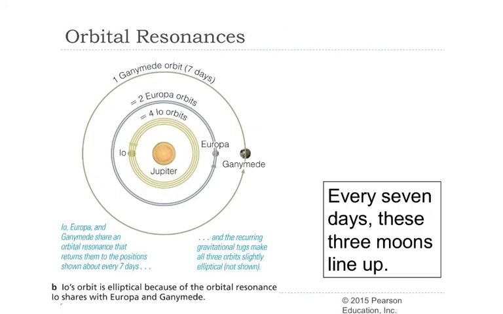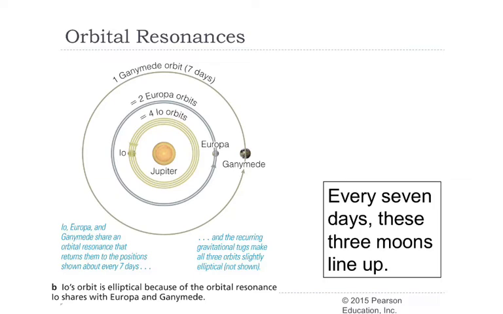So that begs the question, why is the orbit so elliptical? And this has to do with orbital resonance. Io, Europa, and Ganymede are in sync rotation here. So for every orbit that Ganymede does, Io does 4 orbits. So they always end up lining up.